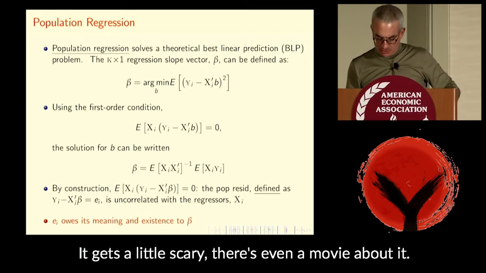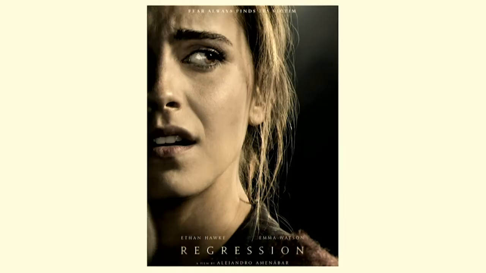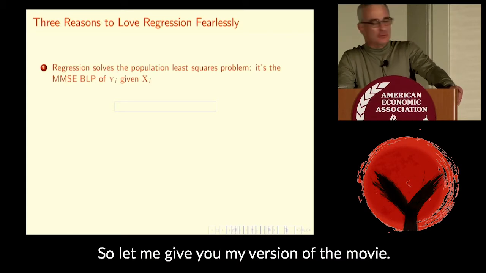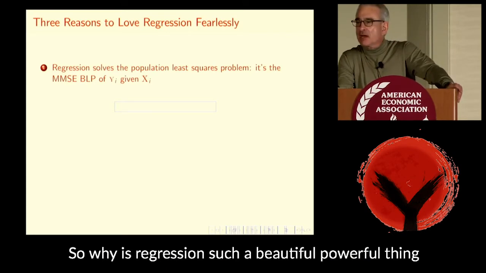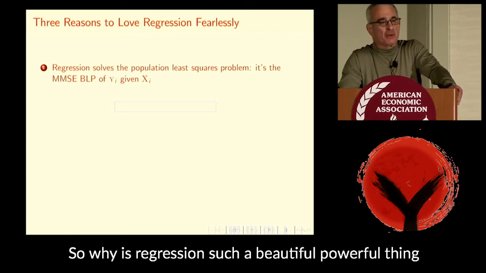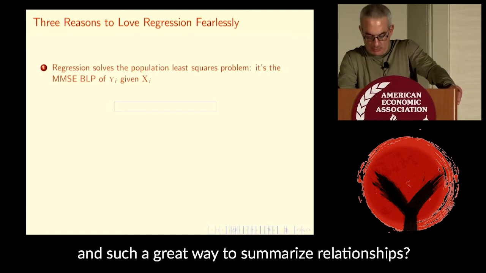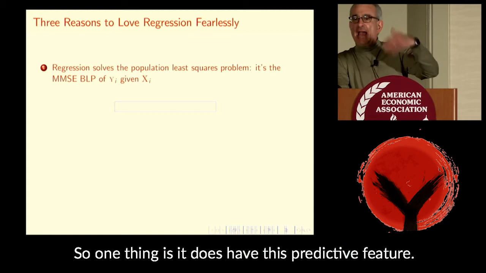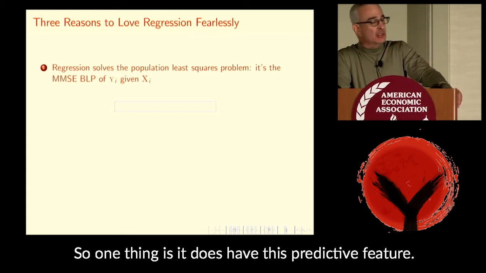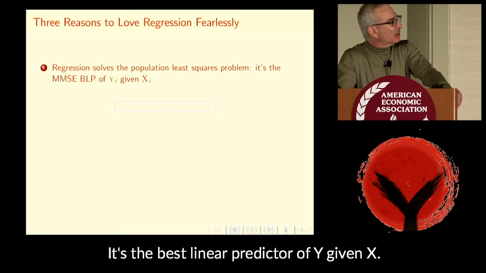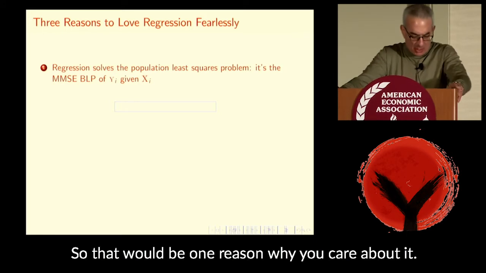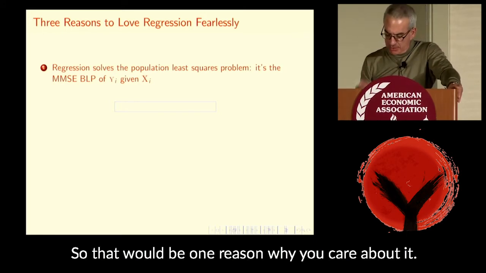It gets a little scary. There's even a movie about it. So let me give you my version of the movie. Why is regression such a beautiful, powerful thing and such a great way to summarize relationships? One thing is it has this predictive feature: it's the best linear predictor of y given x. So that would be one reason why you care about it.